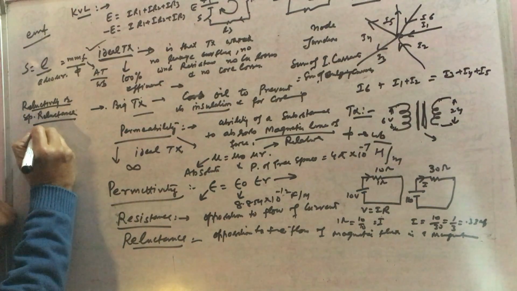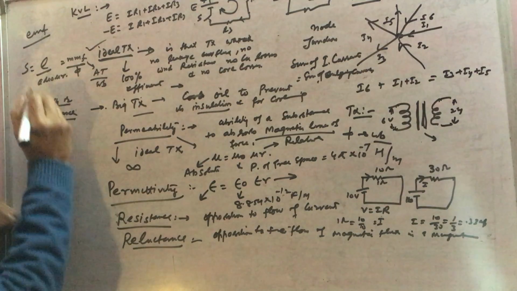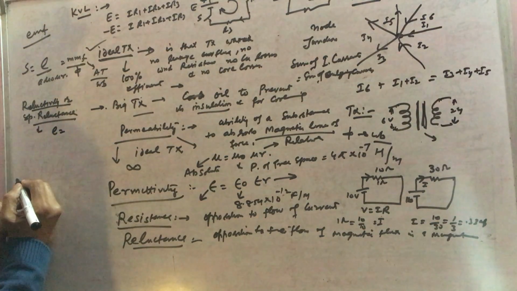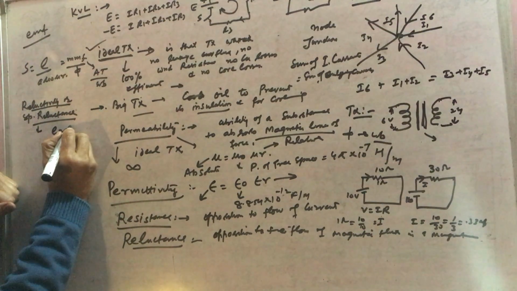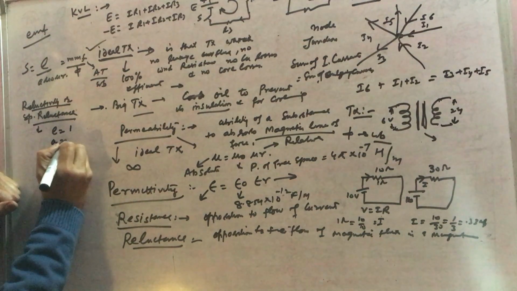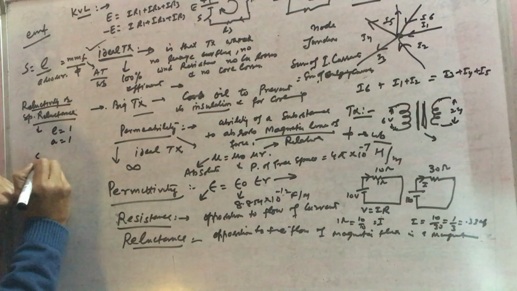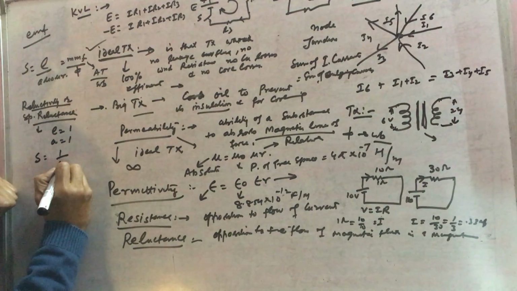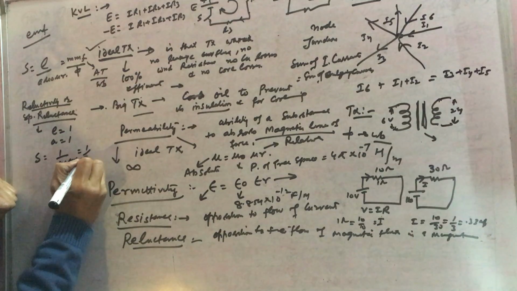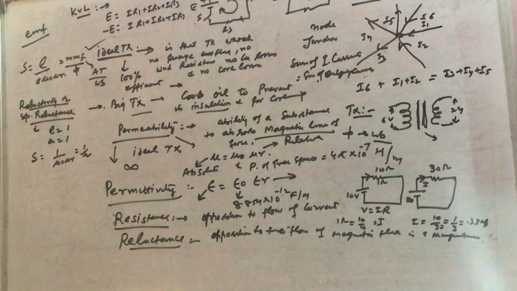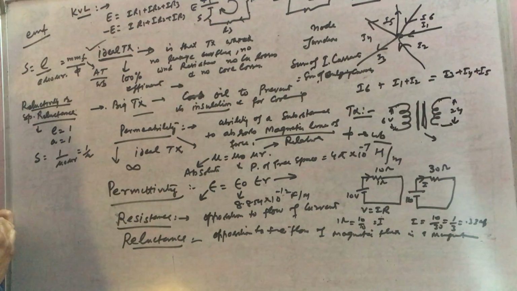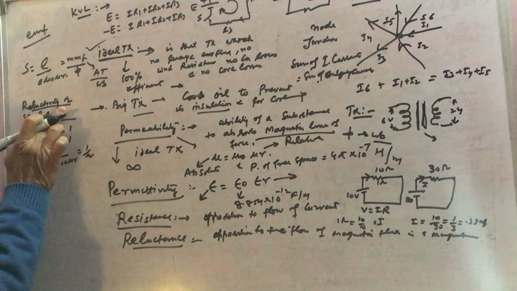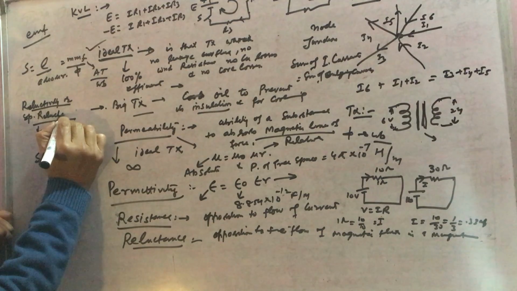But for this we have to consider the length of the conductor as 1 and the area of cross section also as 1. So S will come as 1 over mu naught mu r, or 1 over mu. Reluctivity or specific reluctance.